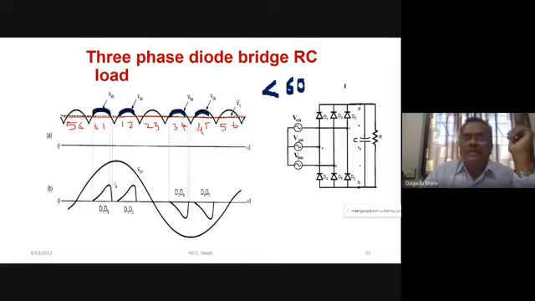So in total, D1 is conducting for less than 120 degrees. In between, no device is conducting. So when D1 and D6 are conducting, the current will be like this. In between, D1 is not conducting and D6 is not conducting. And next, D1 and D2 will conduct.